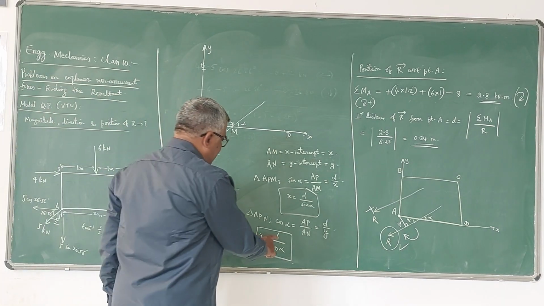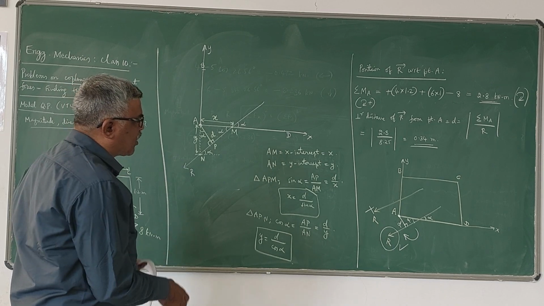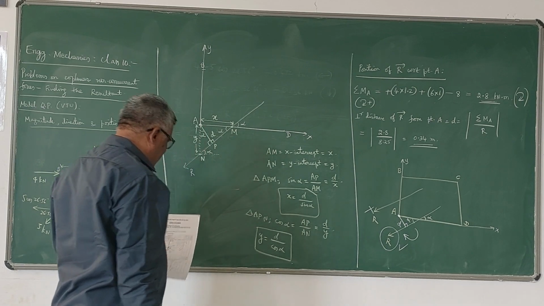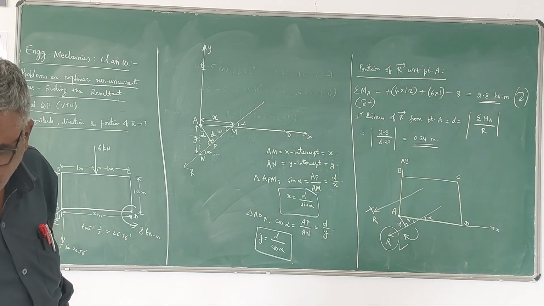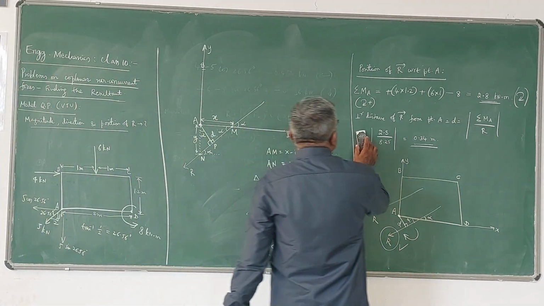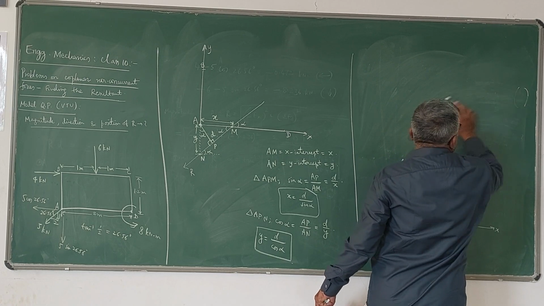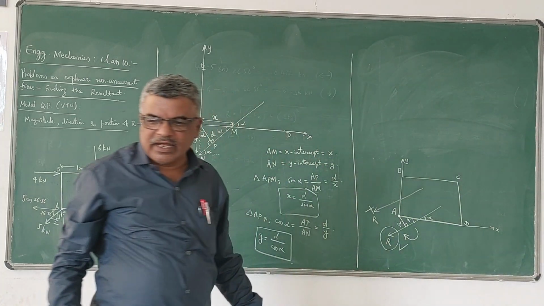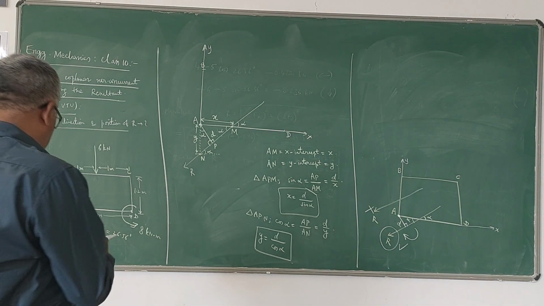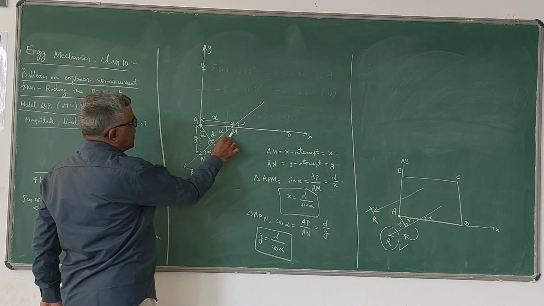So we will be knowing D, and you know the value of alpha also. In the present problem, the D value is 0.34 meter, and the alpha value we got is 86.7 degrees. Just substitute those values and simplify, and you will get the x-intercept and y-intercept of the resultant with respect to point A. From the point A we have our x-axis and y-axis, and wherever the resultant cuts the x-axis, that point is M here.